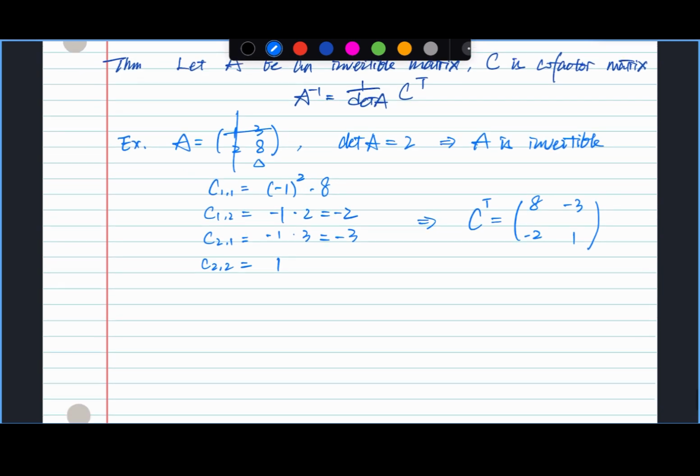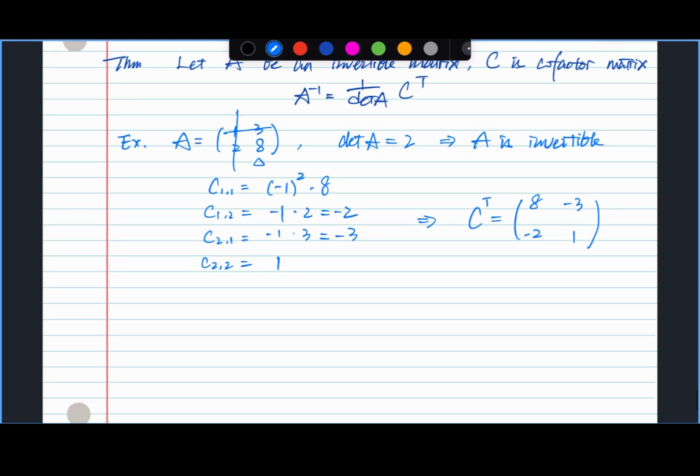C transpose is... Great. So the inverse of A would equal the determinant inverse multiplied by the C transpose, and that equals 4, negative 3 over 2, negative 1, negative half.